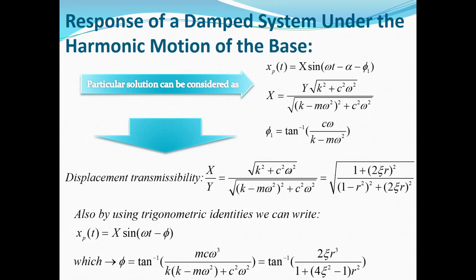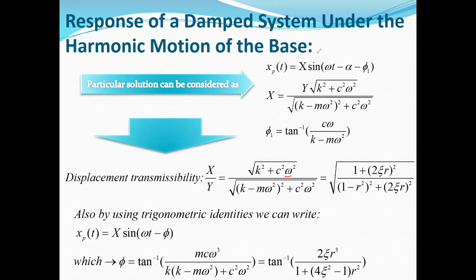And this omega is the frequency of the base excitation. Again, please pay attention that this omega is not the natural frequency of the system. This is the frequency of the excitation, and omega n or omega d is the frequency of your system.